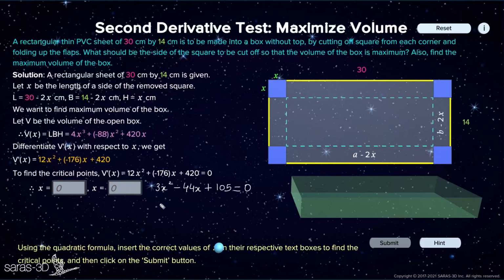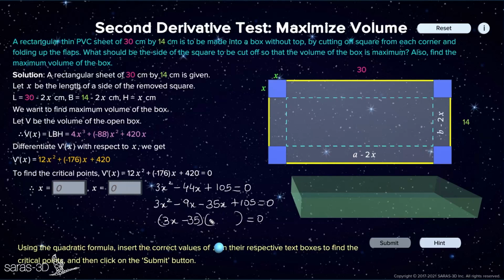Here to find the roots, we can factorize this as 3x squared minus 9x minus 35x plus 105 is equal to 0. So if we find the factors, then this can be written as 3x minus 35 can be taken out common from these two.